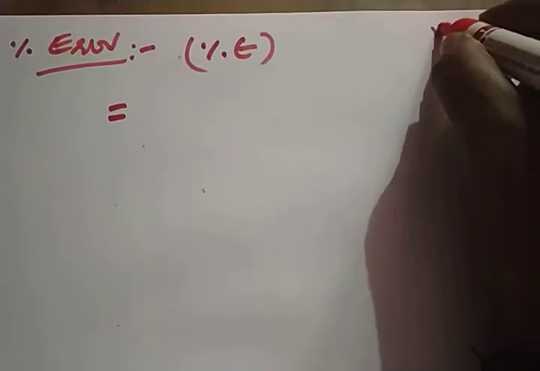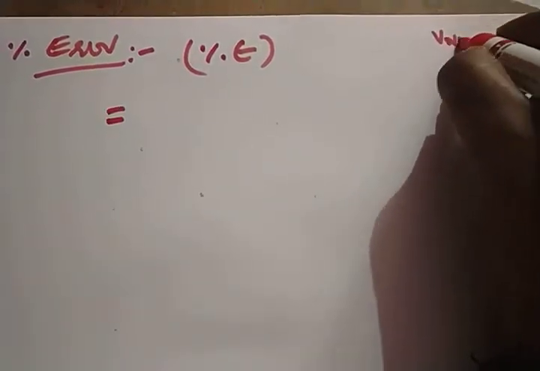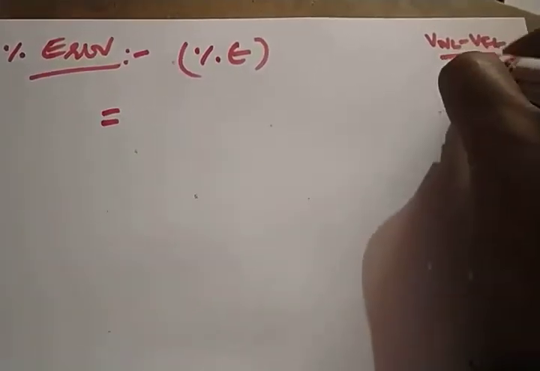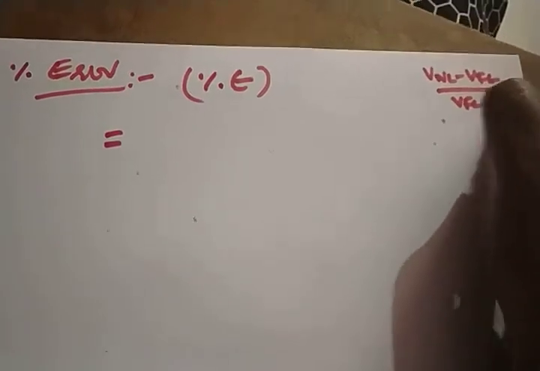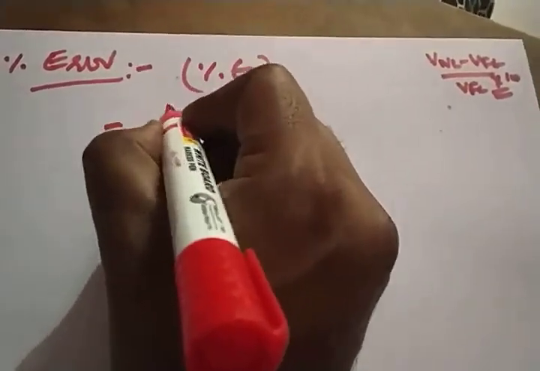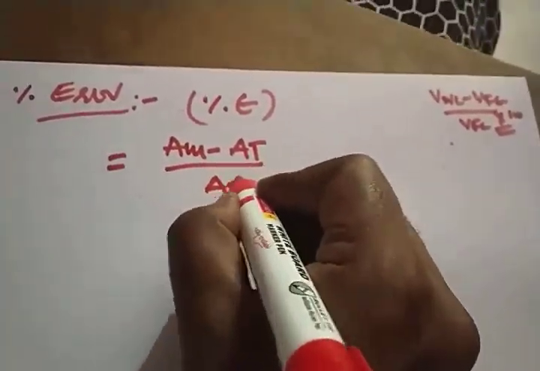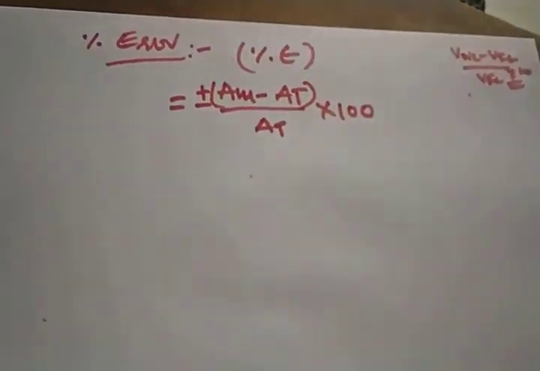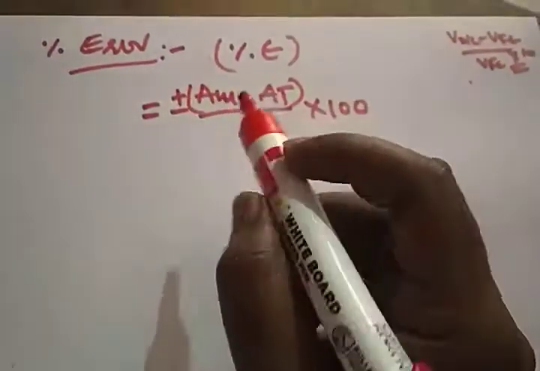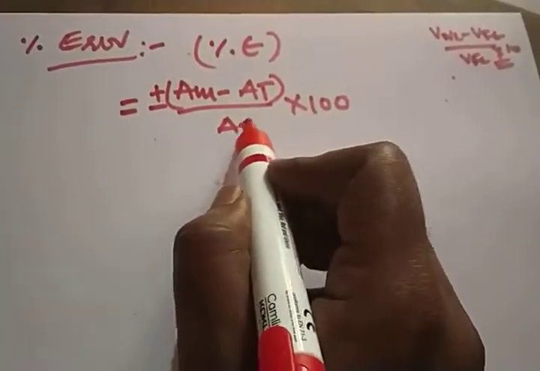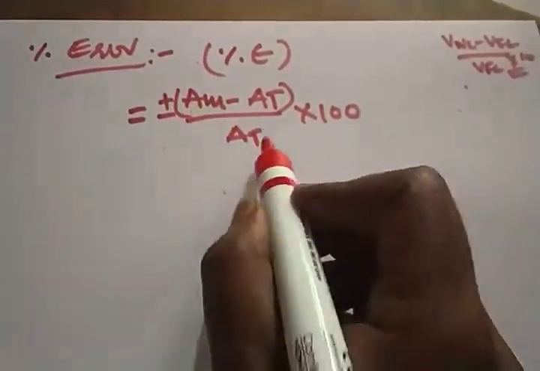Percentage voltage regulation means (V no load minus V full load) by V full load into 100. The same way, percentage error means (AM minus AT) by AT into 100. Percentage means into 100, plus or minus. So percentage error is (AM minus AT) by AT into 100.